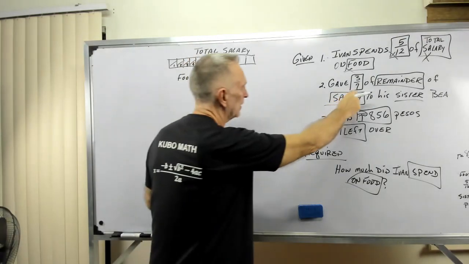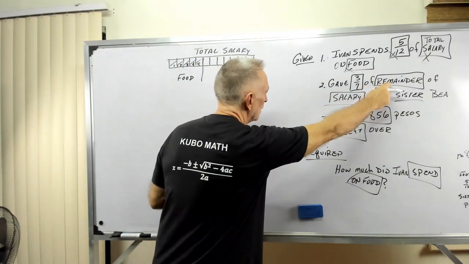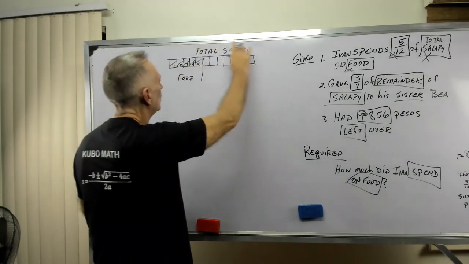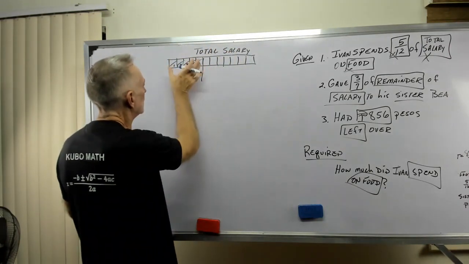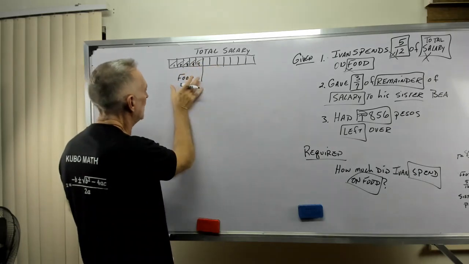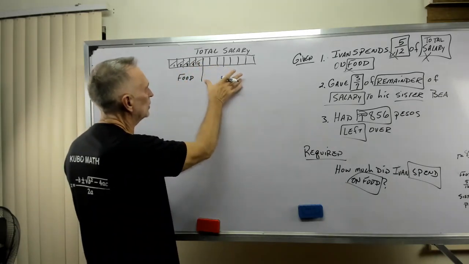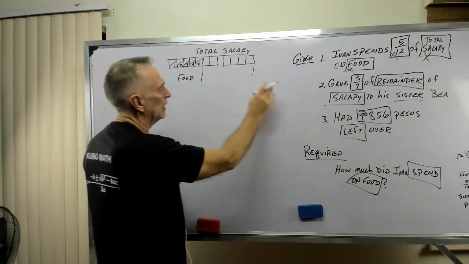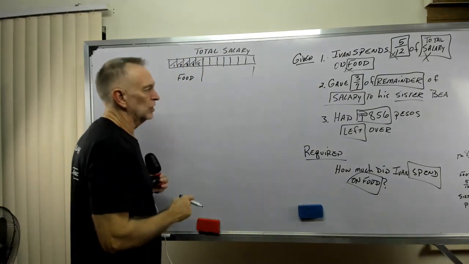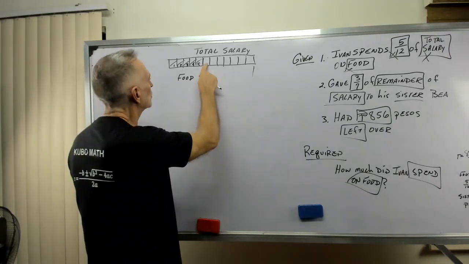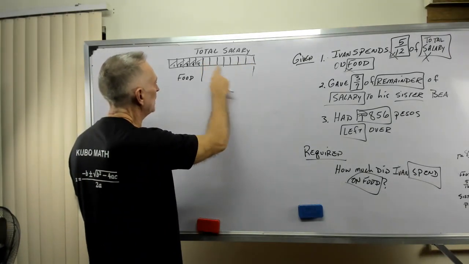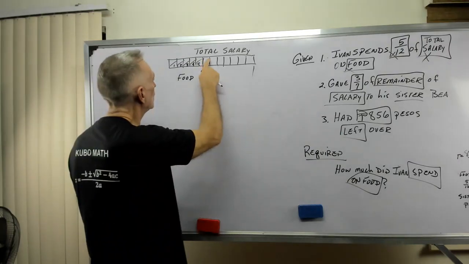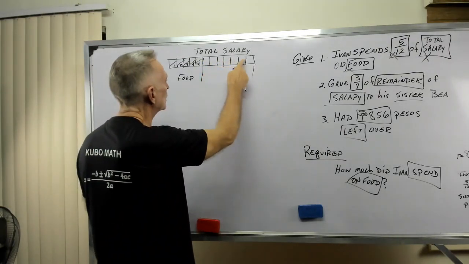Let's see if we can get 3/7 of that remainder of salary. So we had 5/12, and now it says the remainder, which is this piece here, he gave 3/7 of that to Bea. So we need to divide this piece, the remainder, into 7 segments. 1, 2, 3, 4, 5, 6, 7.